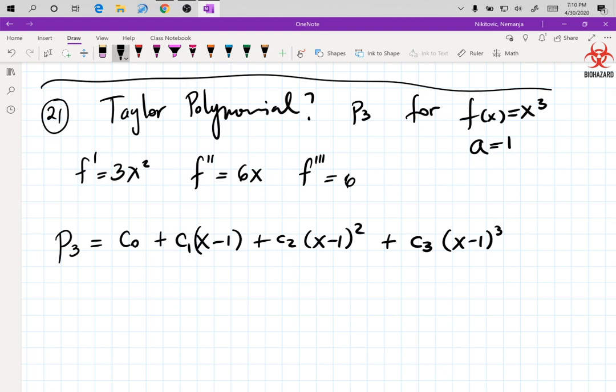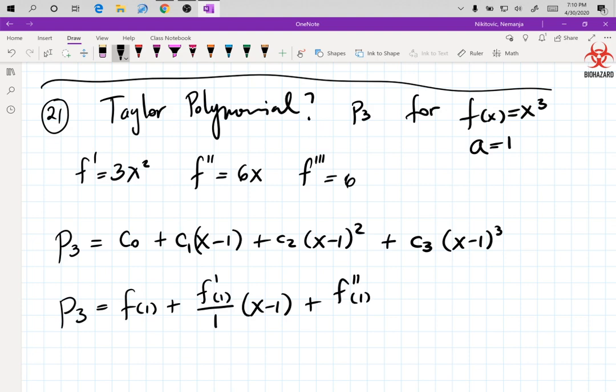C0 is just the original function. So I have P3 is equal to f of 1 plus f prime at 1 divided by 1, (x minus 1), plus f double prime at 1 divided by 2, (x minus 1) squared, plus f triple prime of 1 divided by 3 factorial, that's 6, of (x minus 1) cubed.